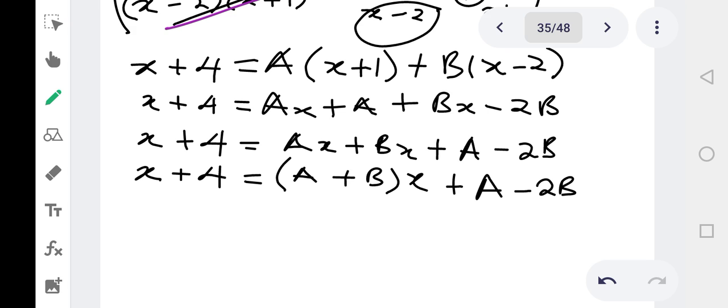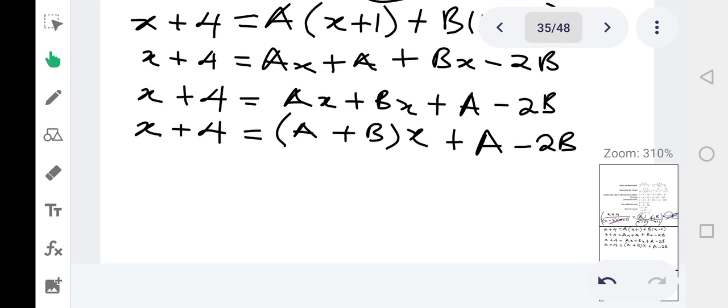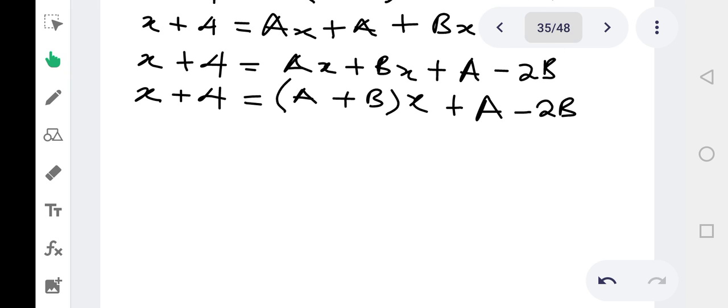So now we're going to compare what we have on the left-hand side and on the right-hand side. Those that have got an x, we compare with the x on the other side. This x, we compare with this having x. This 4, which doesn't have x, we compare with that without x. In other words, we equate them.